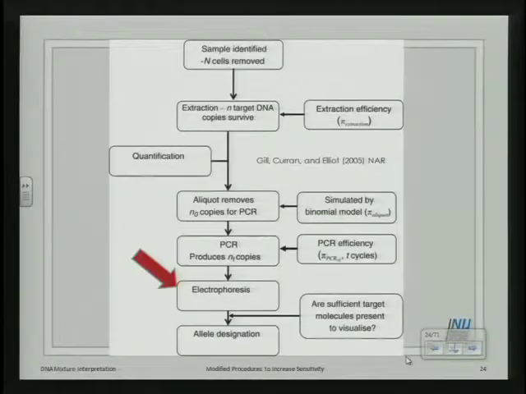And then the final thing is that you've done your PCR and you've amplified, and now you're ready to put it on the CE. Electrophoresis, again, is a place where you can lose information. Perhaps not enough amplicons get injected into the capillary.